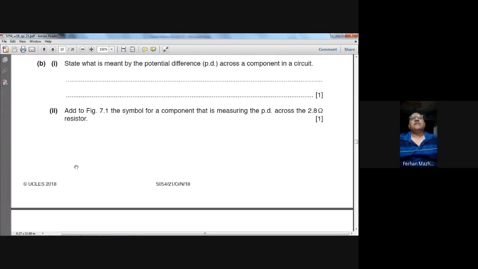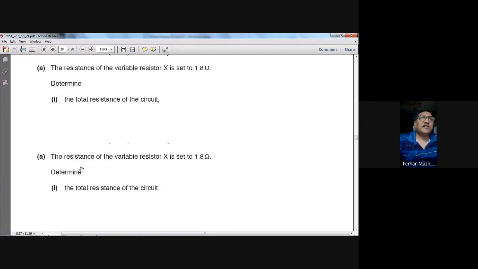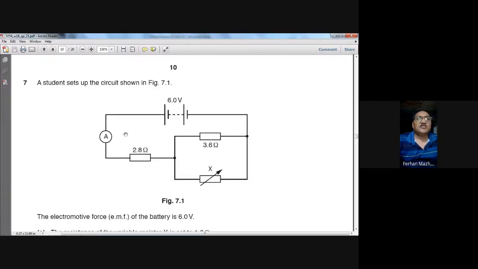Question number B, second part. Add to figure 7.1 the symbol for a component that is measuring the potential difference across the 2.8 ohm resistor. Let me take you back to that figure. In figure 7.1, if I want to measure the potential drop across the 2.8 ohm resistor, I will need to connect a voltmeter parallel to the 2.8 ohm resistor.